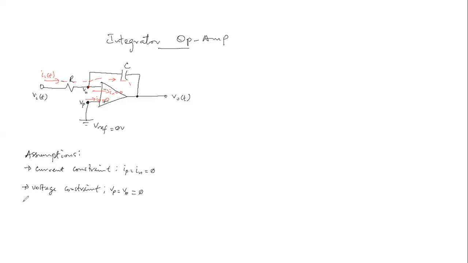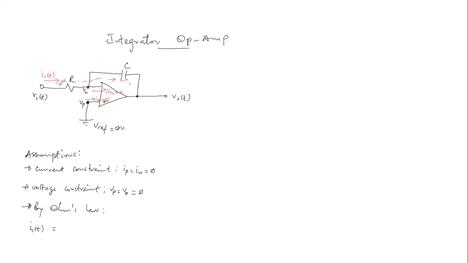So now by Ohm's law, the current flowing through the resistor R, then the same current flowing through the capacitor, which is I sub I of t, will therefore be the same as the difference between these node voltages divided by the resistance.